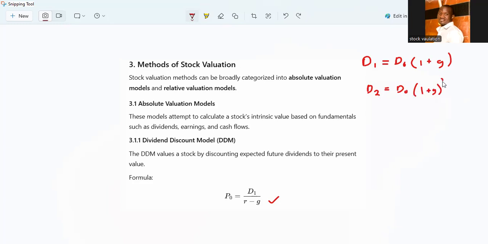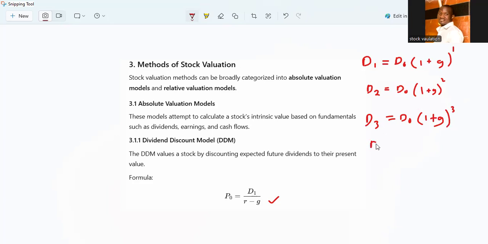So here is power 2, here is power 1. What becomes D3 using the constant growth model? What is the dividend in year 3? It is D0 times (1 plus G) to the power 3. Correct. I need you to take note of the difference in the powers.